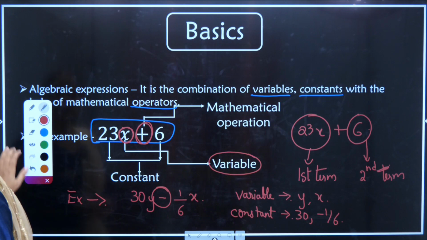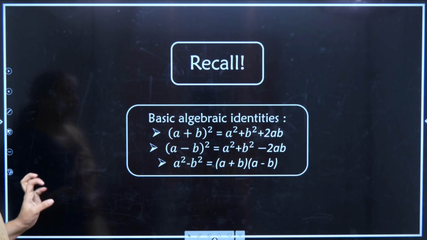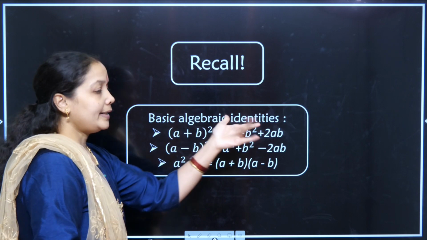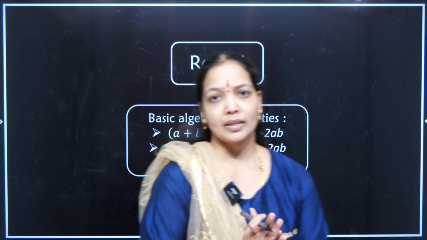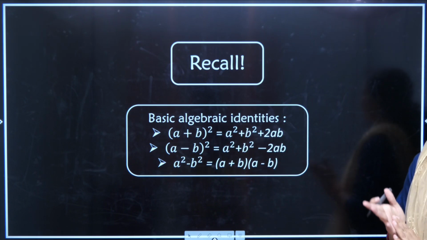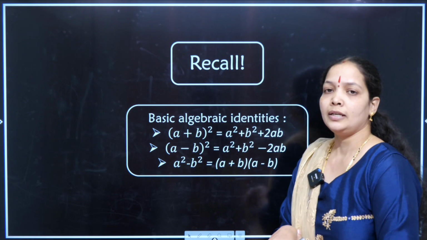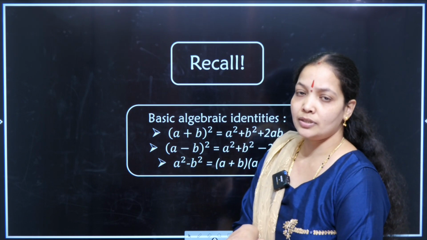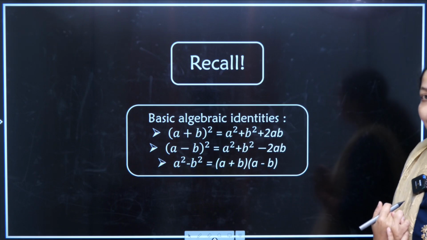Let us move on to the next slide, in which you will be introduced to algebraic identities, the basics of algebraic identity. Identities are the formulas that we will use in the complete chapter, formulas which are important for expanding a given expression, evaluating it and bringing it into simple form.